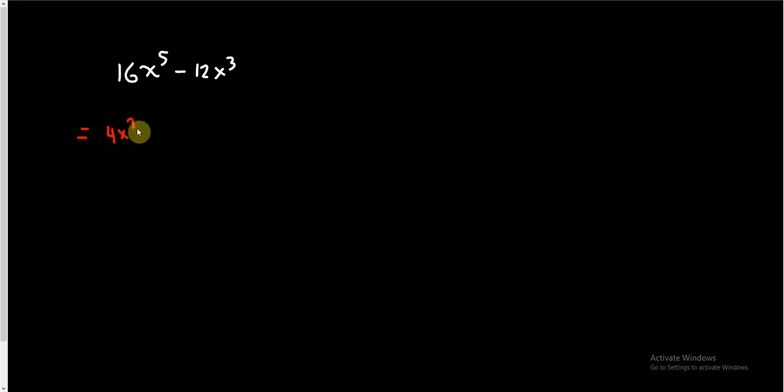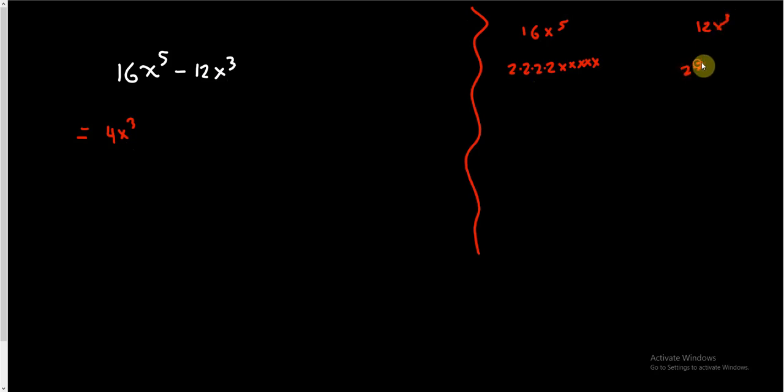If you weren't sure about that, you could take the time to expand these all out, and you would end up with 2 times 2 times 2 times 2 and 5 x's. And the other one, 12x to the 3rd, you'd end up with 2 times 2 times 3 and 3 x's. And you say, okay, what's in common here? I see two 2's in common in both, and 3 x's.